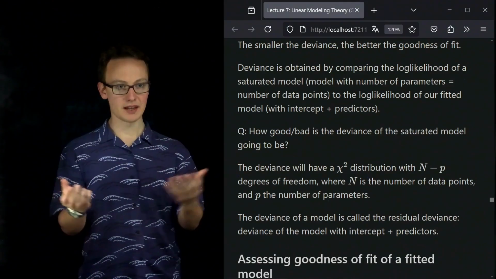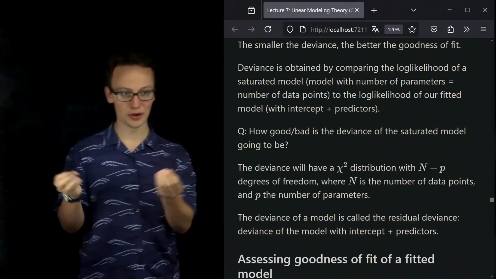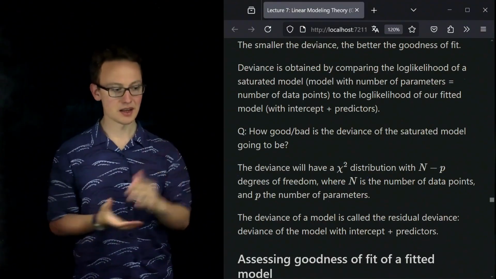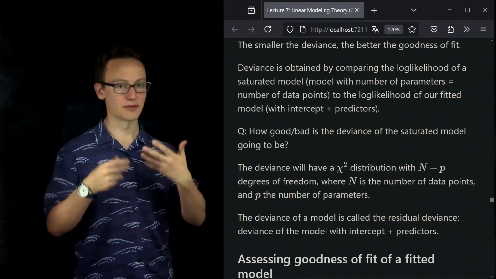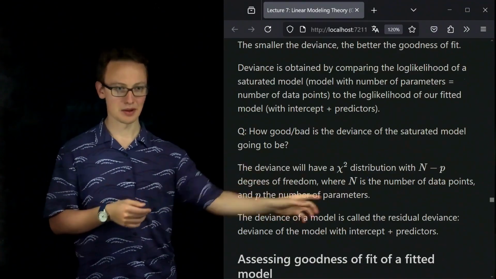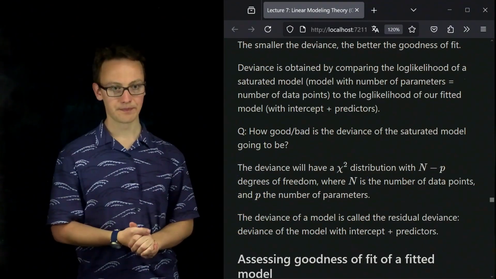So in a sense, the deviance is also something like an error, like the overall residual error, the residual deviance, which quantifies how much variation in the data remains unexplained by the model. So that's why we also sometimes see this called residual deviance, right?